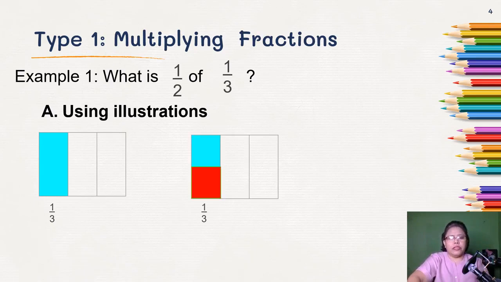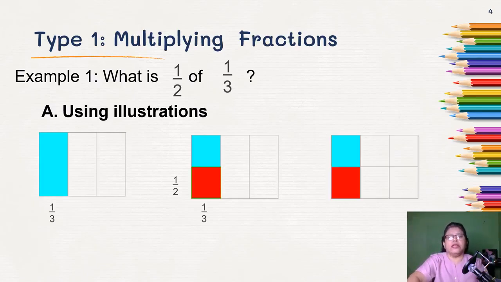Then, hatiin natin. So, yung pula dyan is already the half or the kalahati of 1/3, diba? So, ayan, kalahati siya. Kaya lang, itong shaded parts natin na parang light blue at saka red ay parte ng buong rectangle, diba? So, dapat buong rectangle na ang hatiin natin. Okay? So, kung titignan mo, yung red na part, ayun yung kalahati ng 1/3, di ba?